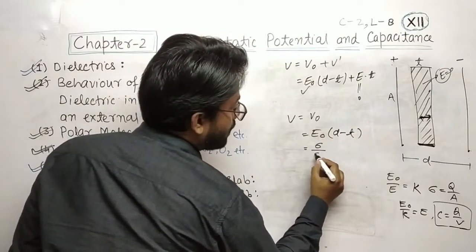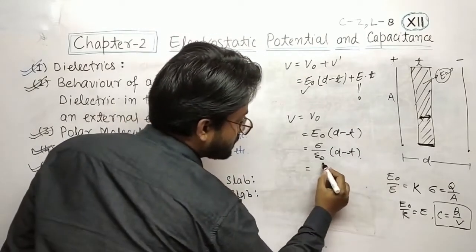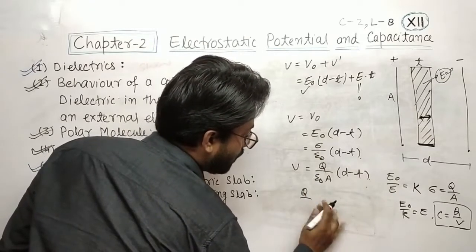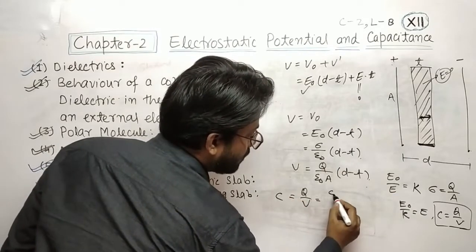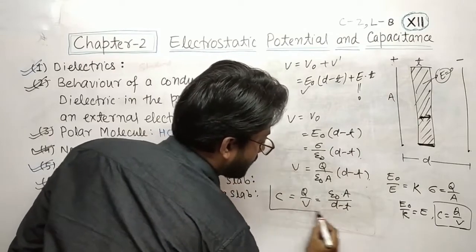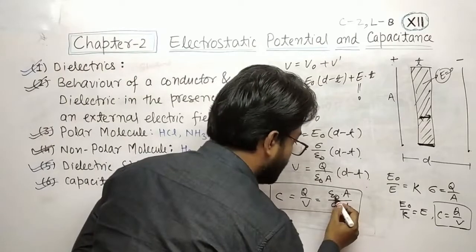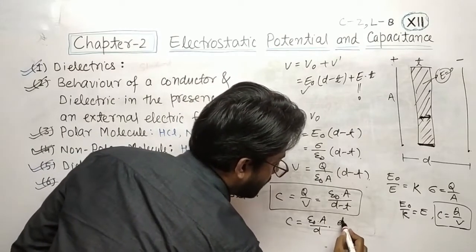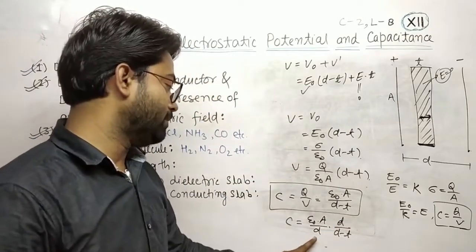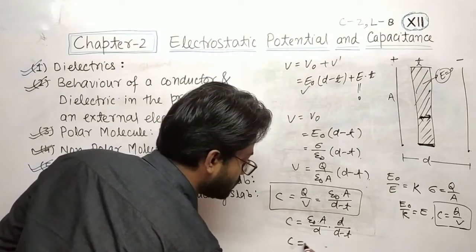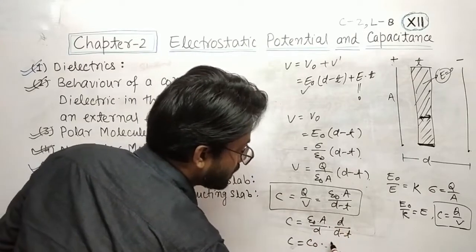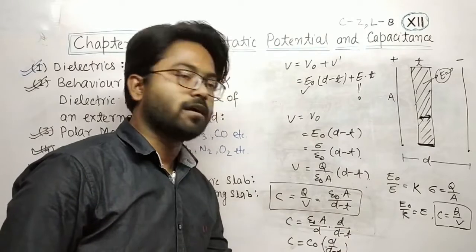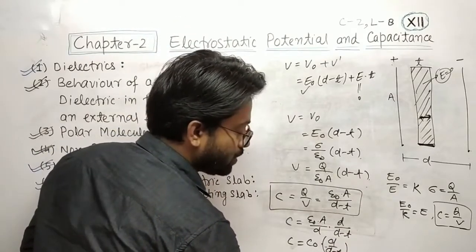We can write sigma upon epsilon naught, D minus T. This can be written as Q upon epsilon naught A, D minus T. We can rearrange Q upon V, that is equal to C, and that will be equal to epsilon naught A upon D minus T. If we multiply and divide by D, this will be C equals C naught times D upon D minus T. If thickness is present, meaning there exists a T, the denominator value will be less and the numerator will be greater.